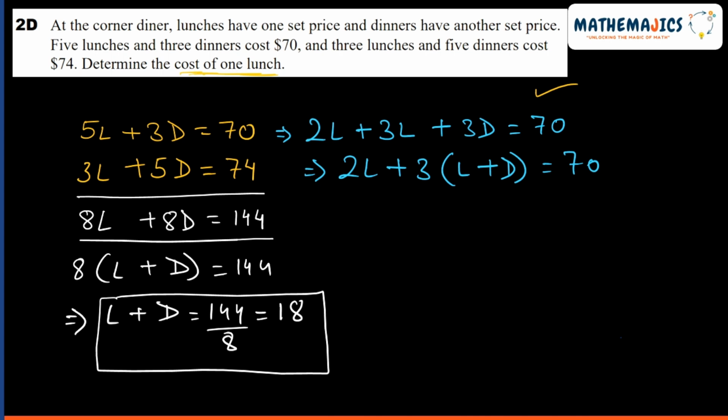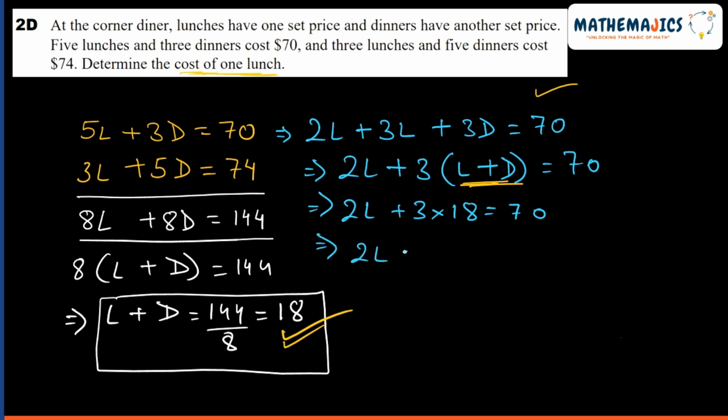Now we very well know the value of 1 lunch plus 1 dinner set, that is 18, that we have found out here. So we will solve it further and we will get 2 lunch plus 3 times 18 is equal to 70. Going further, we will get 2 lunch plus 54 is equal to 70. Going ahead, we will get 2 lunch is equal to 70 minus 54, which is 16.